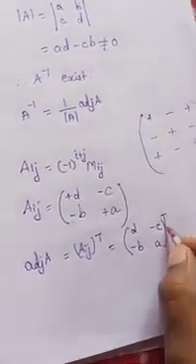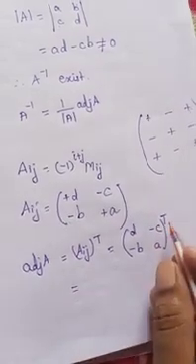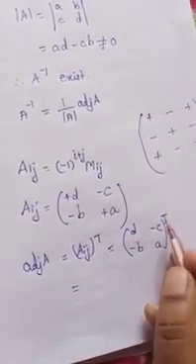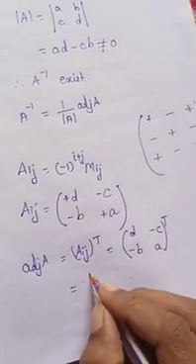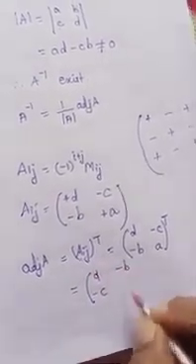Transpose means exchanging rows and columns. So we get [D, minus B; minus C, A].